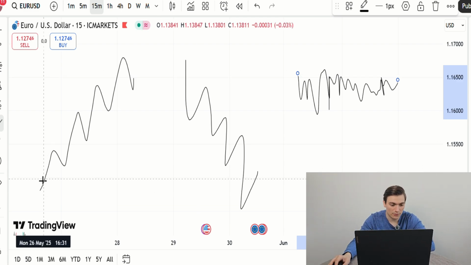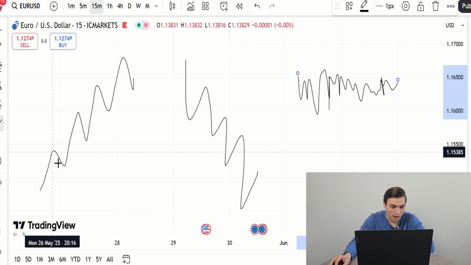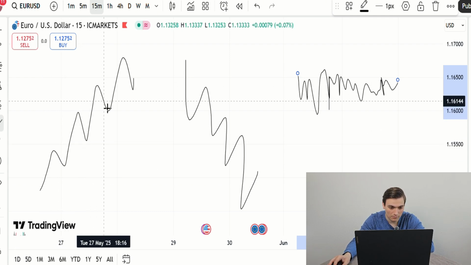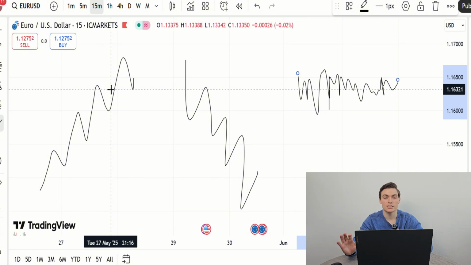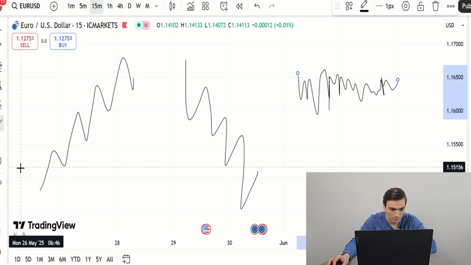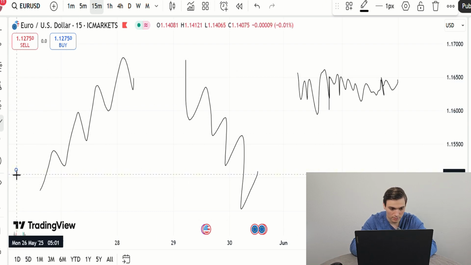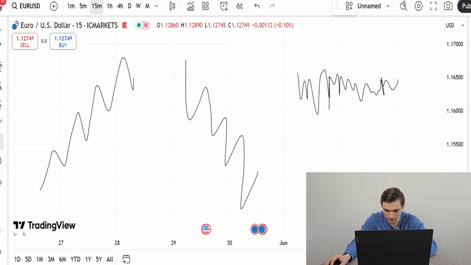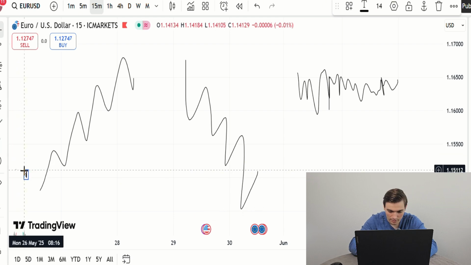Anyways, an uptrend. The move up, you see those move up. This is called impulse. I'm gonna write that for you. So the move up is called impulse.